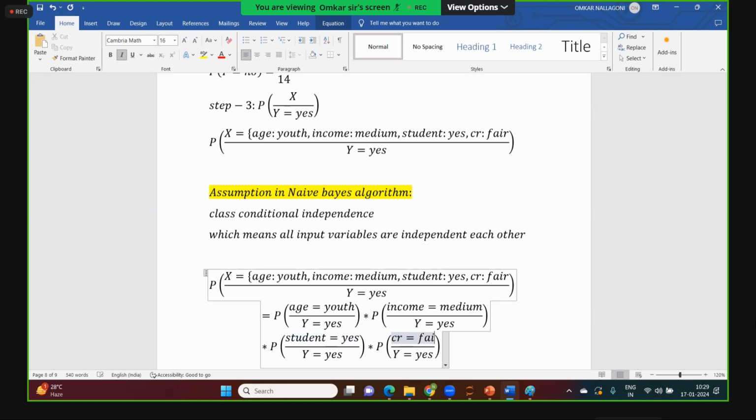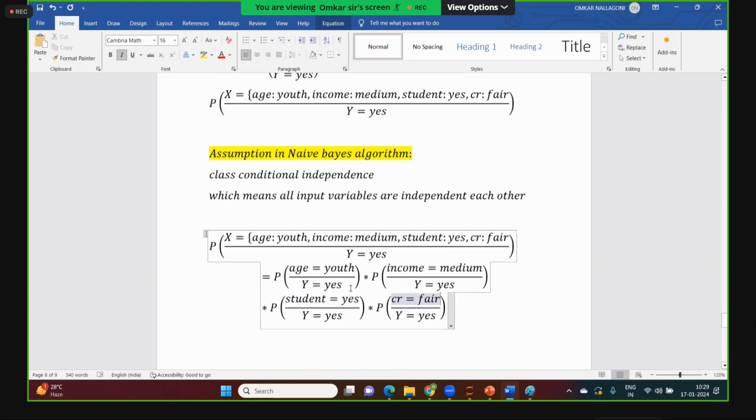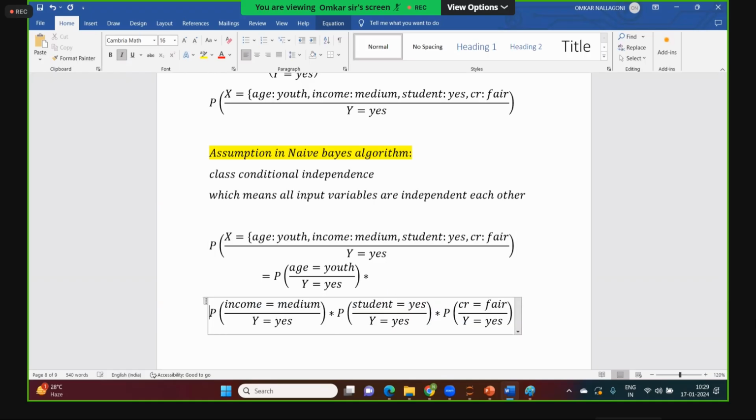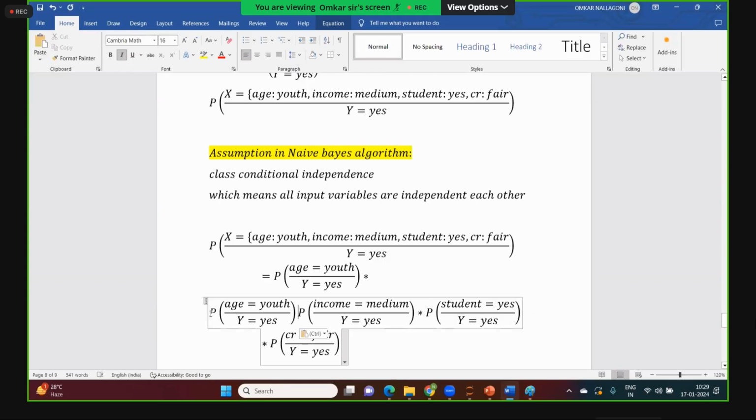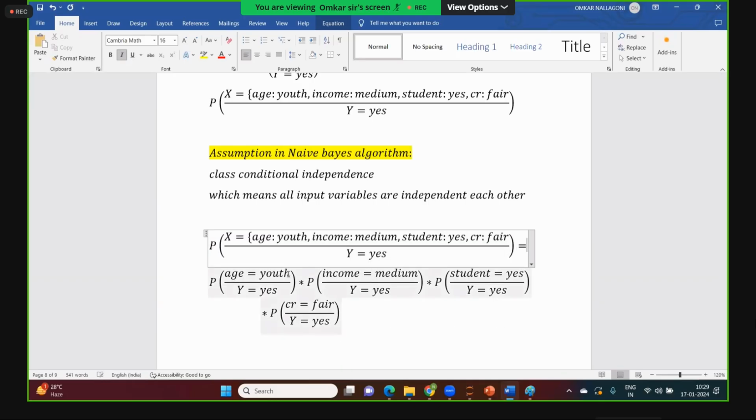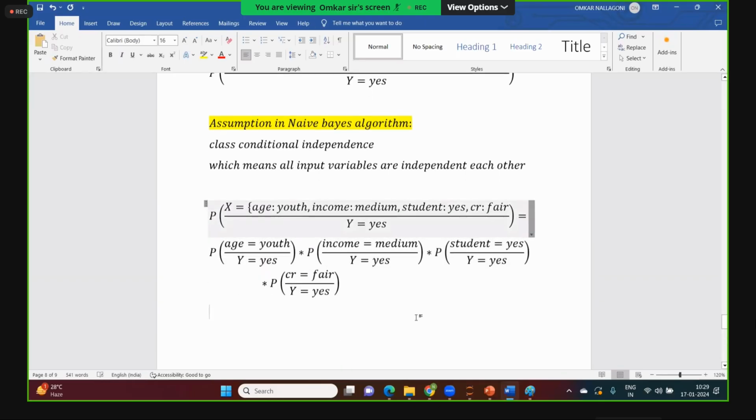From this combined question, we divide into 4 parts. This happens only because of the assumption.